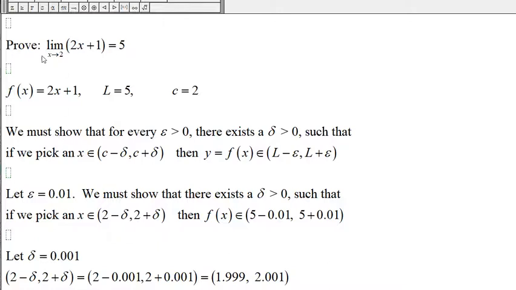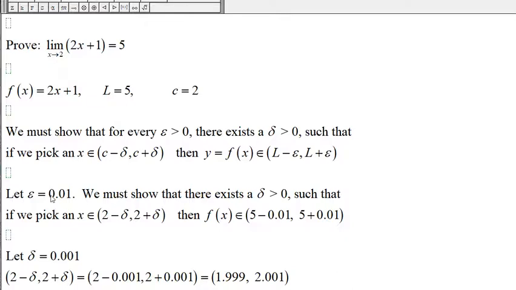To prove this, we must show that for every given epsilon, there exists a delta such that if we picked an x inside of the interval c minus delta and c plus delta, then the corresponding y value, or f of x, must be inside the interval L minus epsilon and L plus epsilon.